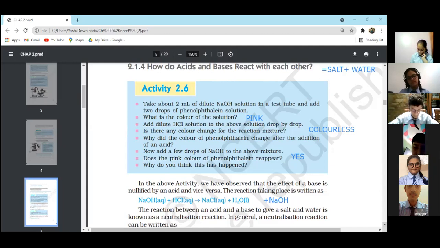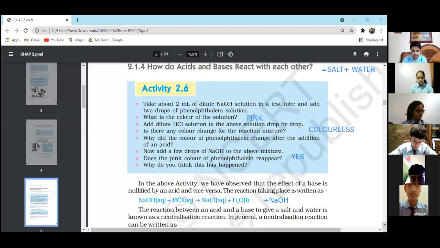The formed salt here is neutral in nature, but due to addition of few more drops of NaOH, Piyush Jain, you have to write down in your book.